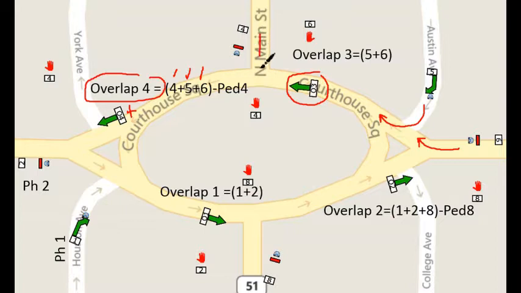So we've added this phase 4 in the middle, so 4, 5, or 6 on overlap 4 is going to be green, except if the Ped 4 is running, because we have a negative Ped overlap or a negative Ped 4. We have 2 Ped 4 movements here and here, so we certainly want to be red if that Ped is up.